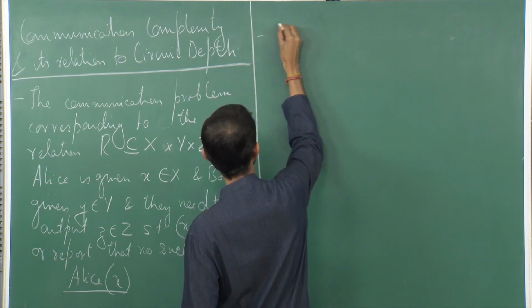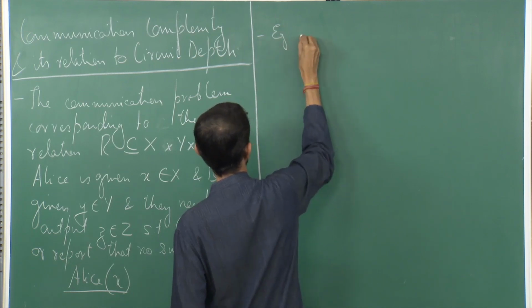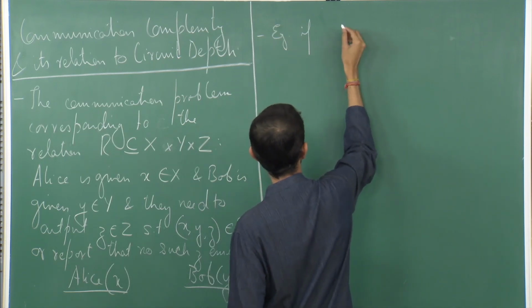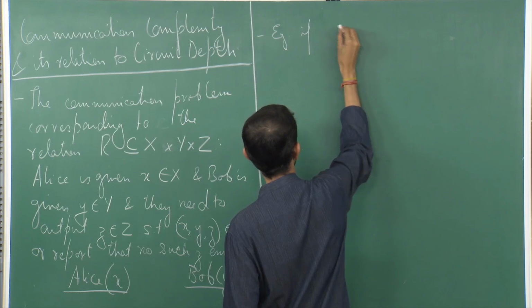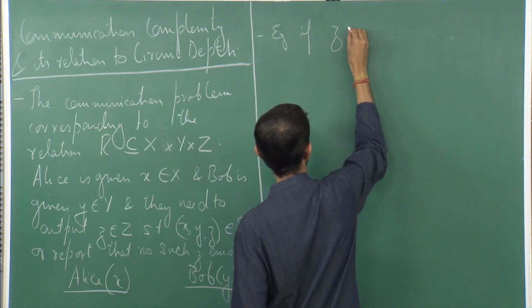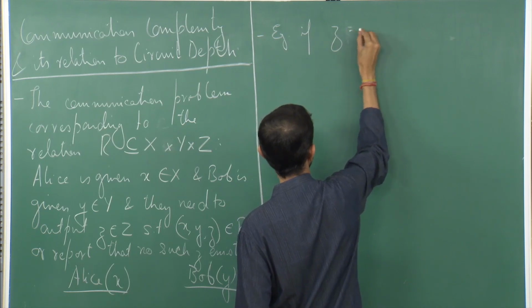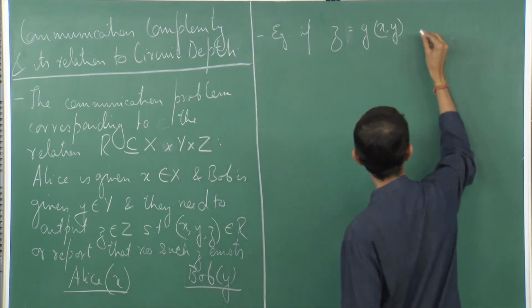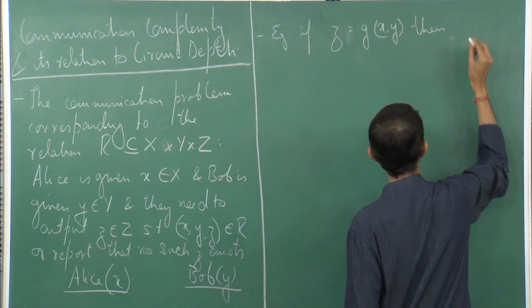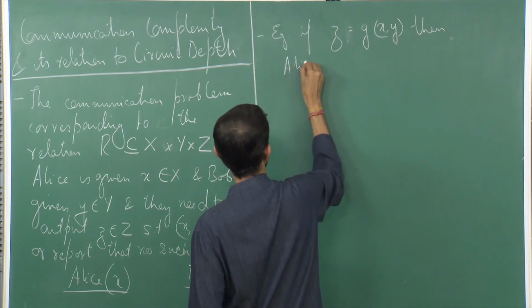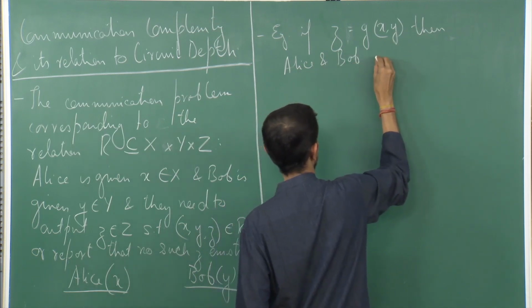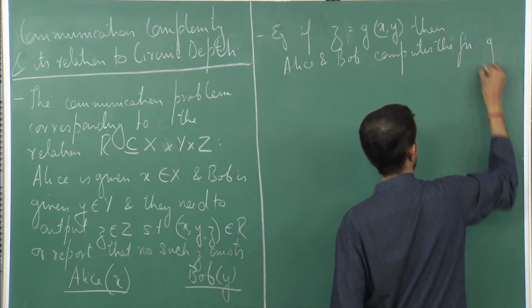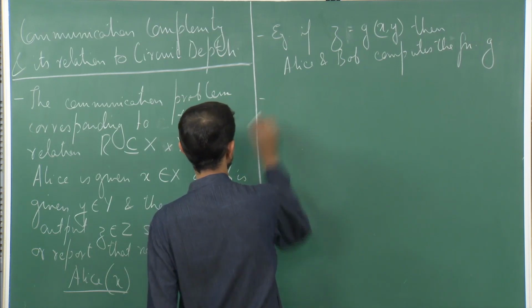A specific example is, suppose that z equals g(x, y), then Alice and Bob compute the function g.